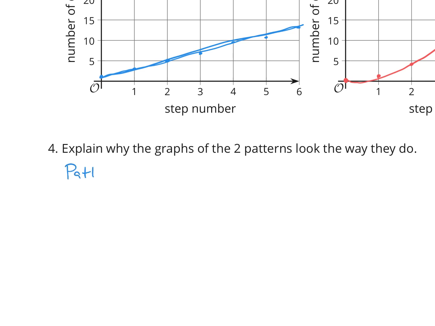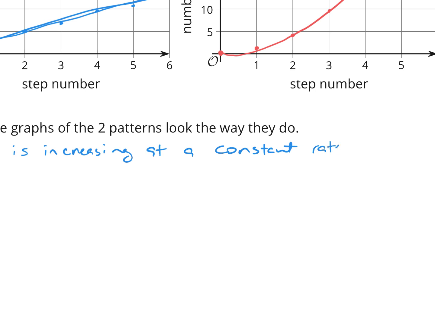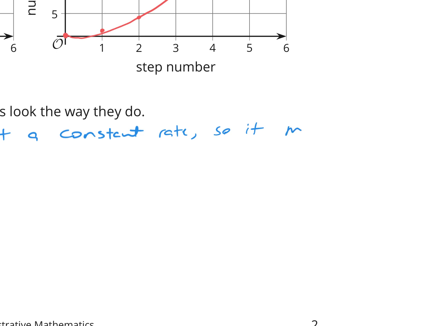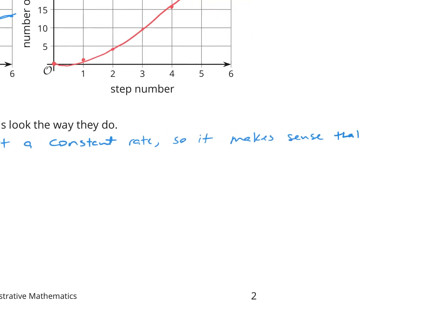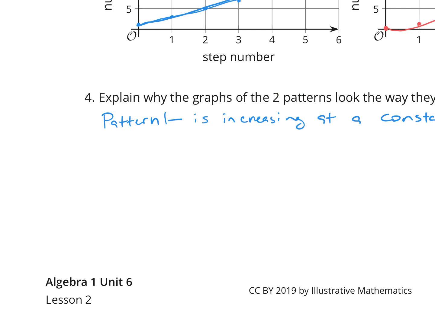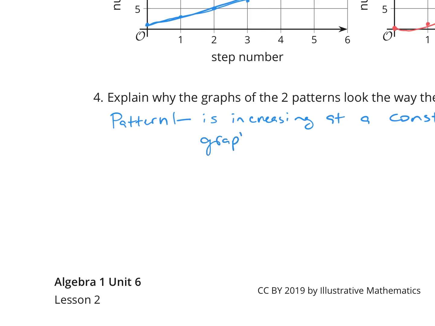So pattern 1 is increasing at a constant rate, so it makes sense that the graph is linear.